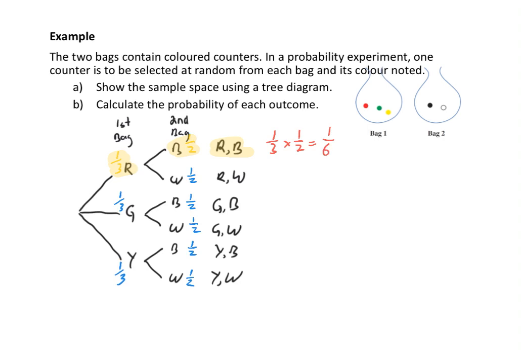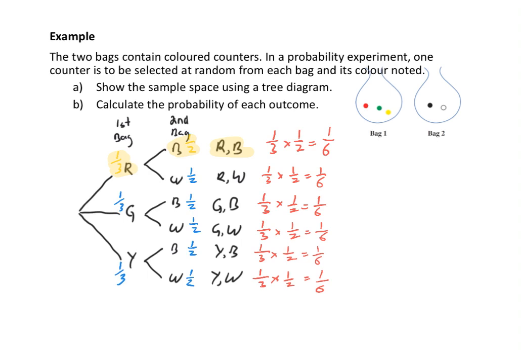So the probability of getting a red and a black is 1 over 6. Now, because all of my options are equally likely to occur, the probability is going to be the same for each of my possible outcomes. So the probability of each outcome occurring is 1 over 6.